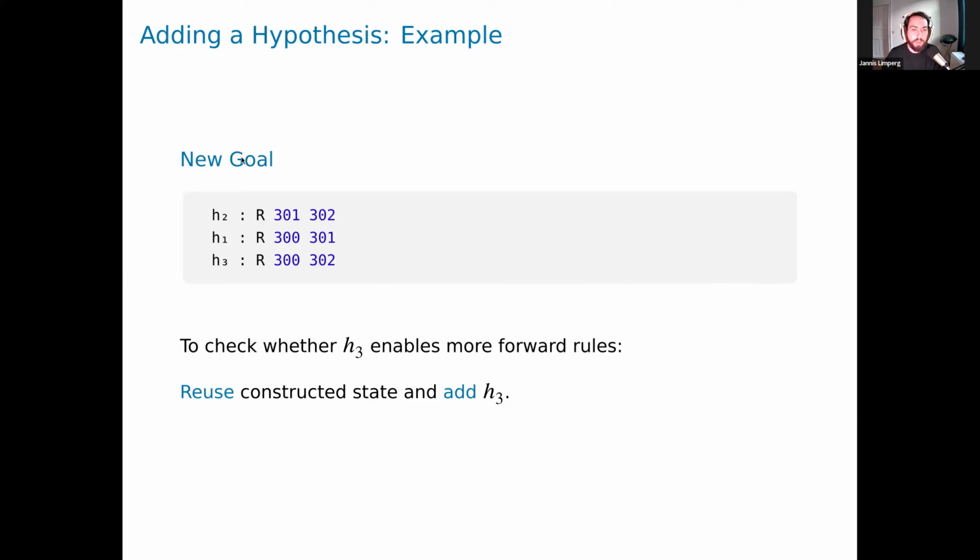So when we want to work on this new goal, and we want to check whether H3 now enables more forward rules, we can reuse the entire state that we constructed previously, containing all the partial matches that are enabled by H1 and H2, because these hypotheses are still available in the context, and we just need to add H3. So the whole thing has become essentially incremental, and we have to do very little additional work when adding a new hypothesis.